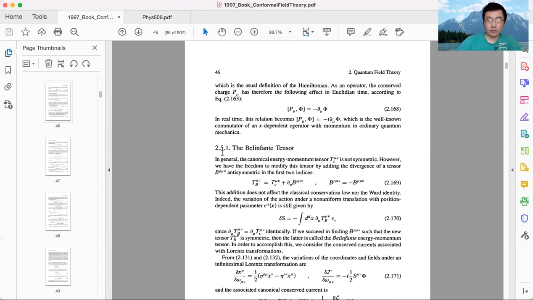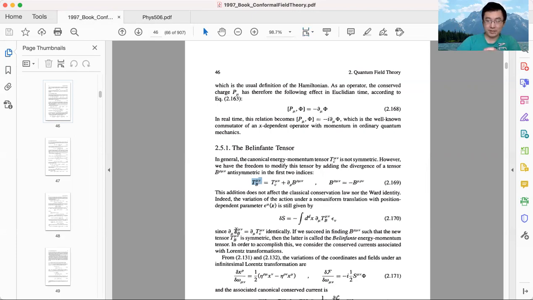If you look at section 2.5, it proves a very interesting formula. The T C mu nu is the same energy momentum tensor we defined in our lecture. This book showed that if one adds this type of term to the energy momentum tensor, we get a new energy momentum tensor, which is as good as the old one.